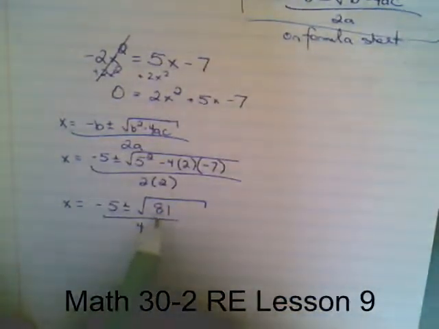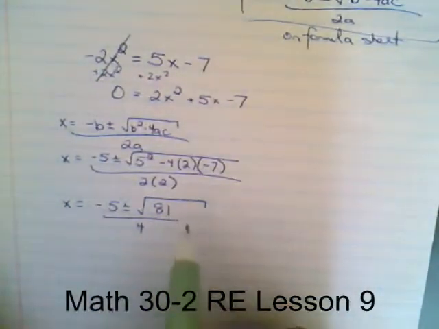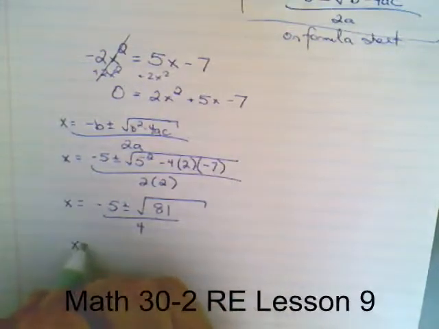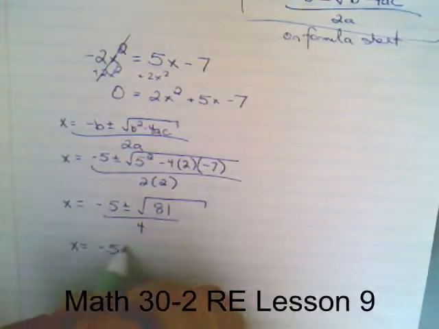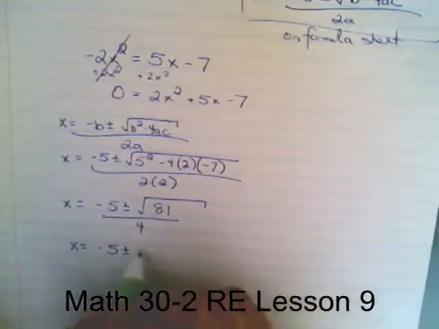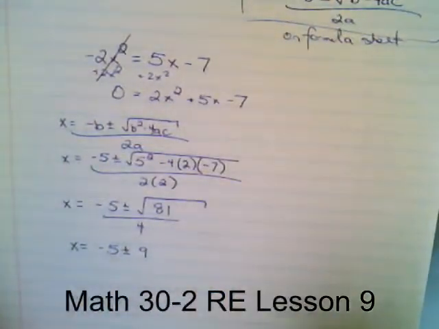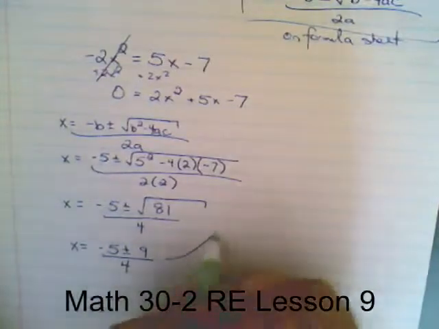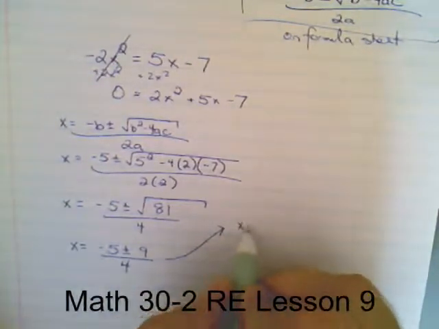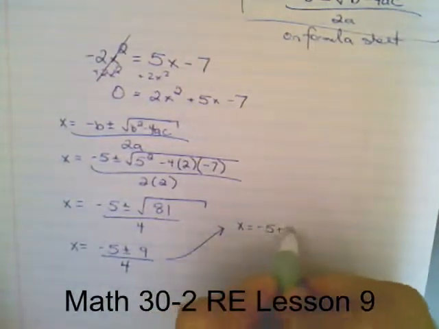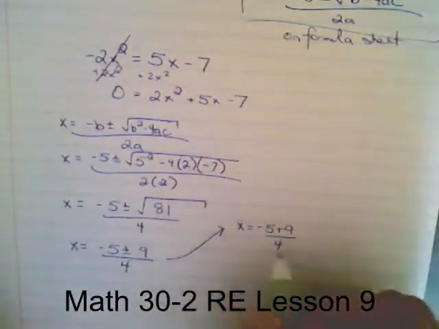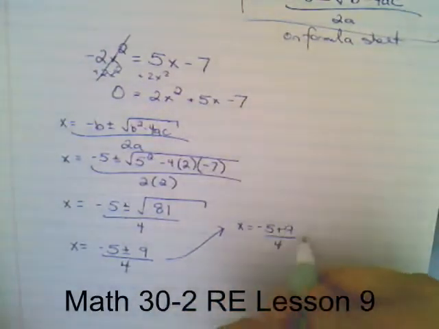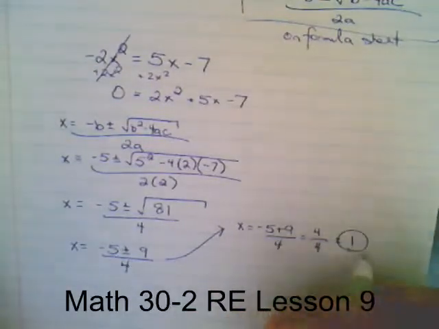Square root of 81. You may or may not know immediately that's 9. So I'm going to get x is equal to negative 5 plus or minus 9, because I do the square root. Notice I don't have the square root anymore. All over 4. So it tells me that one of the solutions is negative 5 plus 9 over 4, which is 4 divided by 4, or 1.